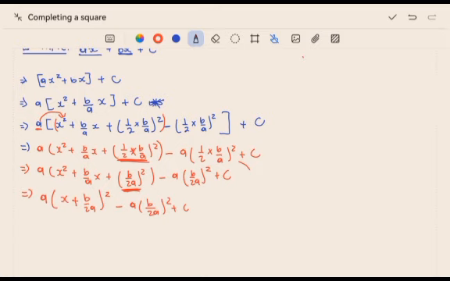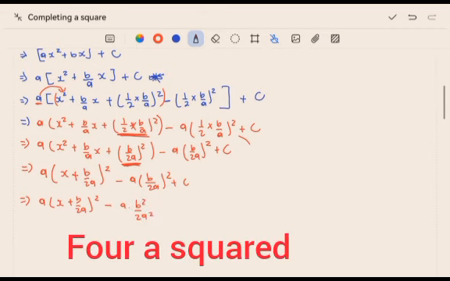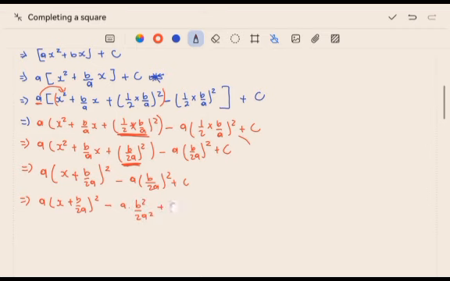So after this step, you have basically completed the square. If you want to simplify it further, you might get something like a x plus b over 2a squared minus, and then you'll have a multiplied by b squared over 2a squared, and then plus c.